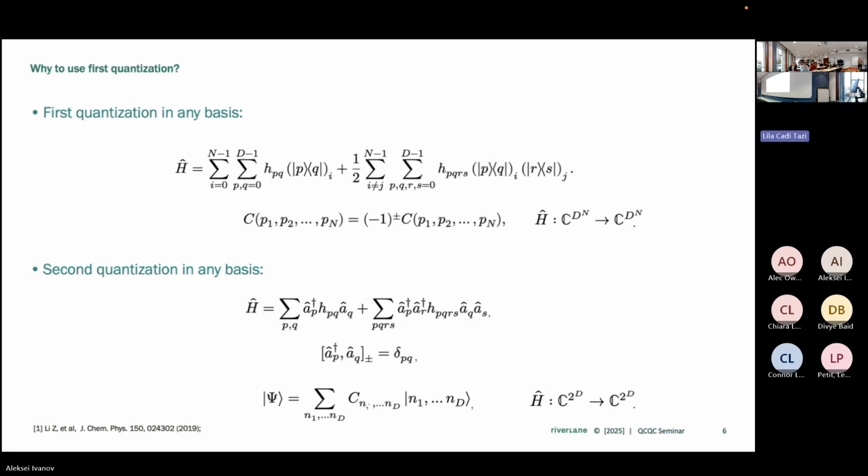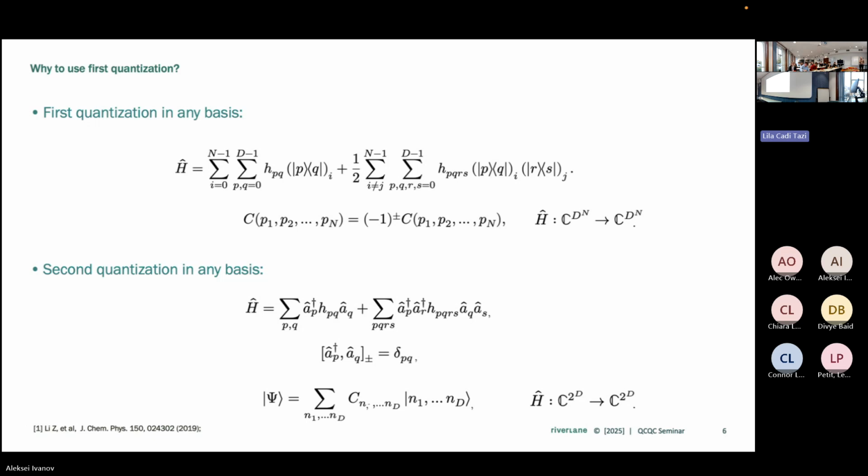Again, you have a sum over electrons, and here it's not an operator, it's just a matrix. You calculate these coefficients using some quantum chemistry software. And here the two-body term becomes a four-dimensional tensor. Then this |p><q| you can think of as a matrix of dimension d by d, where d is the number of basis functions, with zero everywhere apart from the pq position where it equals 1.